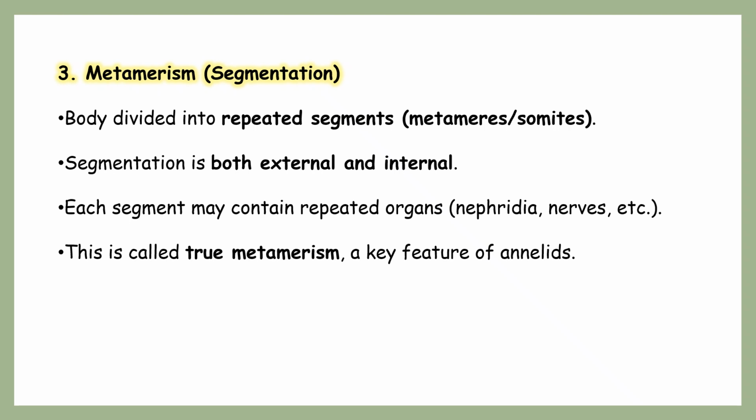In most annelids, the body is divided into repeated segments. Segments means the body is divided both internally and externally. This type of segmentation is known as metamerism, the true metamerism, as I already said, a key feature of annelids.